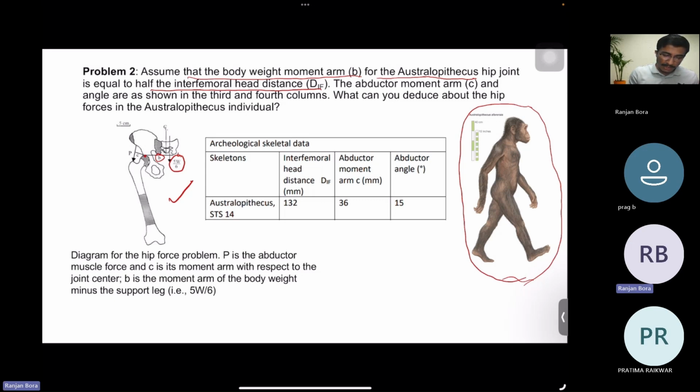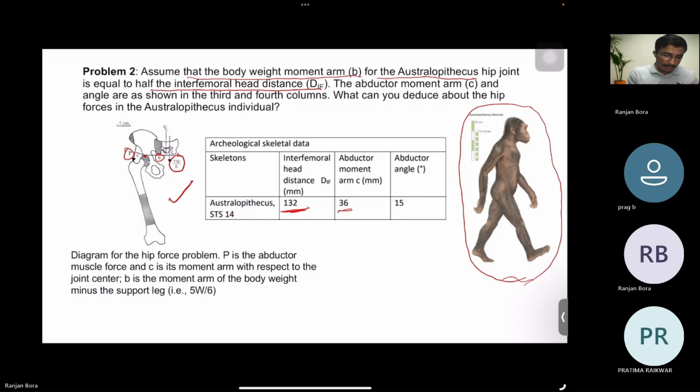What is the interfemoral head distance? It is given here, 132 mm. And the abductor moment C and angle are shown in the third and fourth columns. Abductor moment means this P is the abductor muscle force, which is acting at a distance of C from the hip joint location.